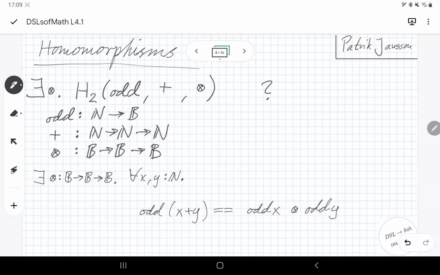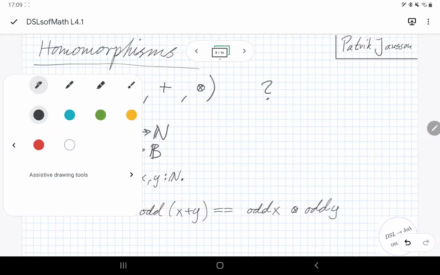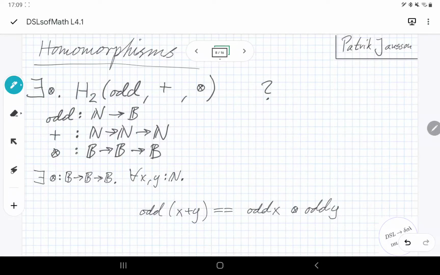And looking again at the types, let's make a blue color here. We have blue numbers x and y, and x plus y, and here also x and y. And then let's also underline the type here. So the blue things here are the natural numbers.